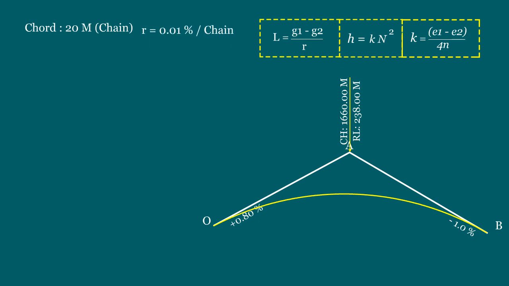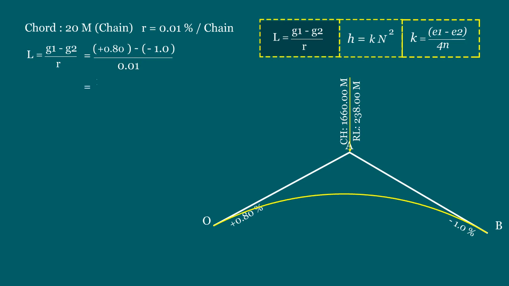First, we will calculate the total length of the curve. Already we knew that the length L equals G1 minus G2 divided by R. Here, G1 equals plus 0.8% and G2 equals minus 1%, and the rate of change of grade per chain equals 0.1%.